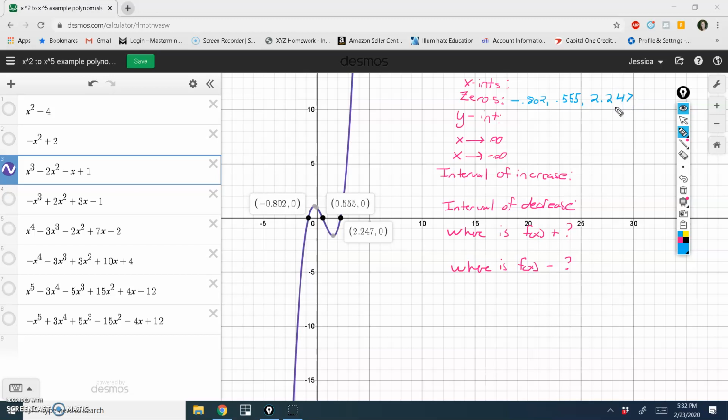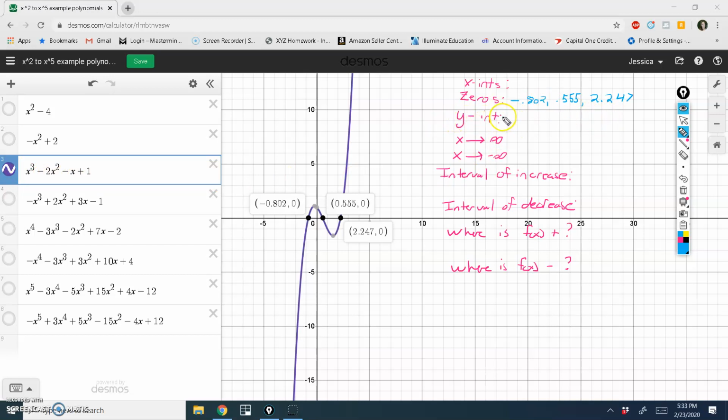So the zeros and the x-intercepts are almost the same thing. The zeros of the polynomial mean, hey, if I plug these things in for x, I would get 0, right? So if I plug these things in for x over here, they would equal 0. So I could plug in any of them, and they'd all give me 0.